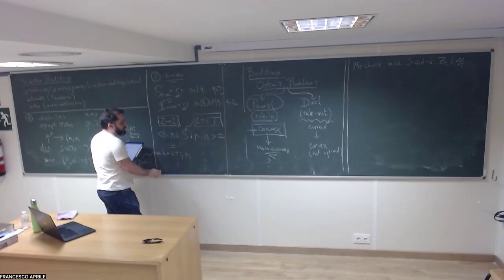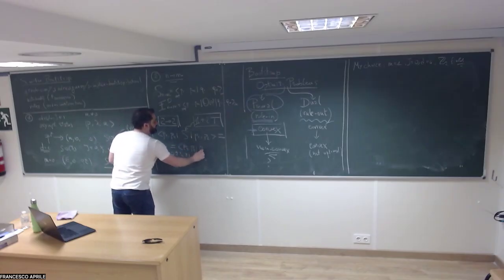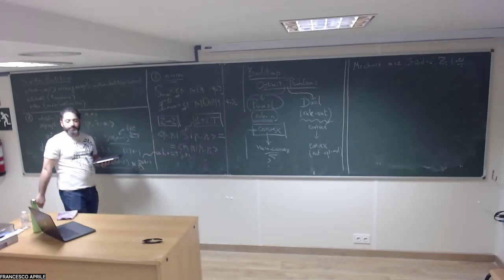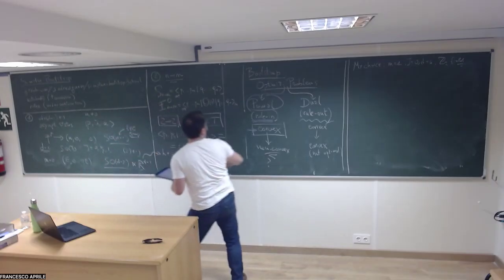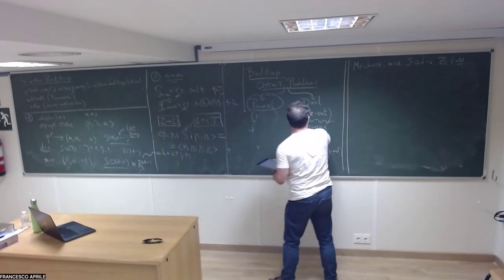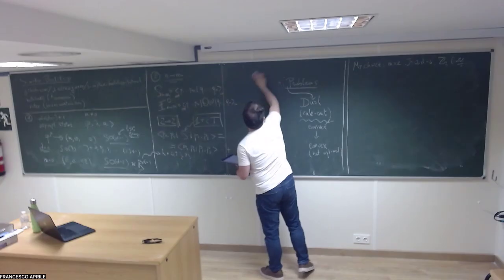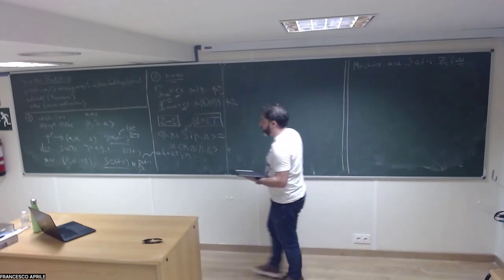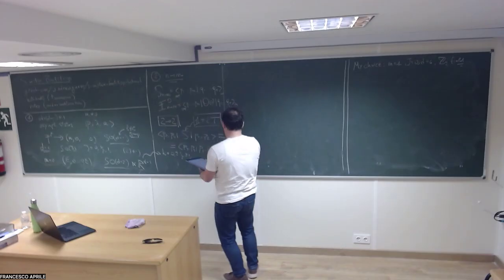If we make this splitting, we get this nice free piece, some disconnected piece, plus the interacting piece, which is what we are probably more interested in.